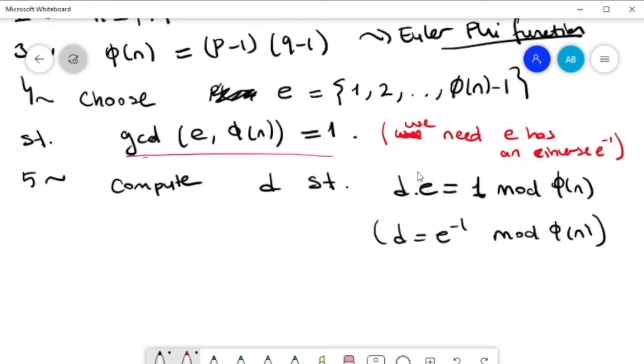So D is an inverse of E, or E is an inverse of D. That's why we choose that the GCD of E and phi of N is equal to 1.